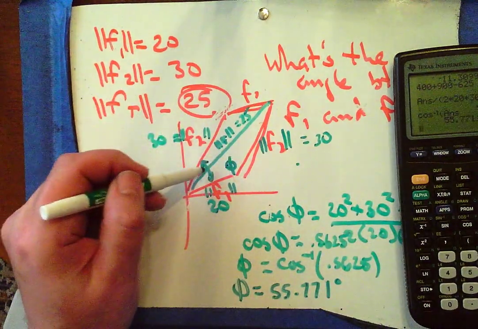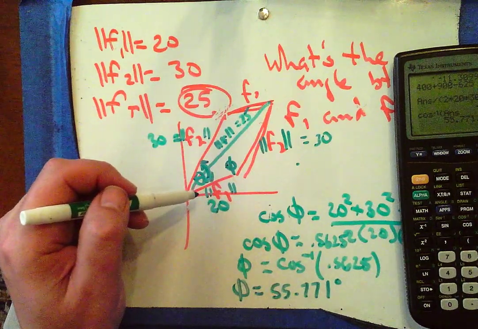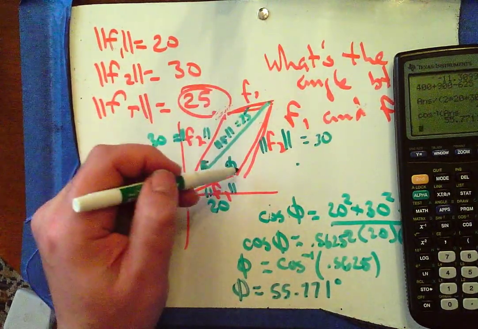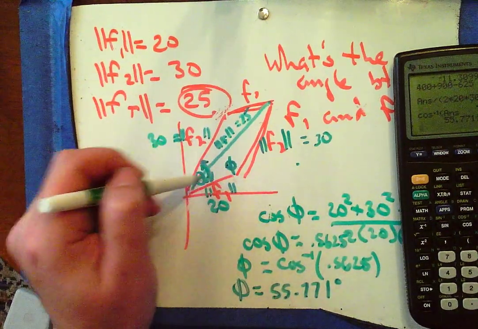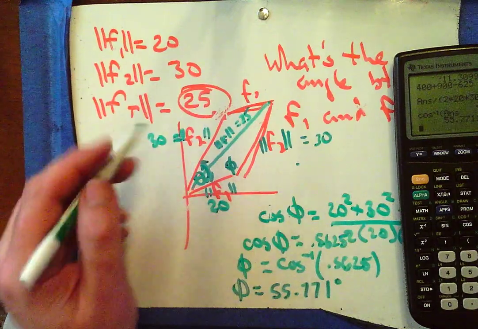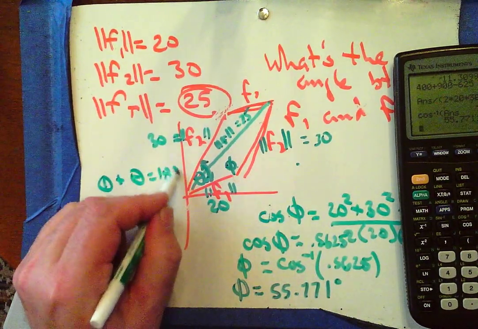And what do we remember about theta and phi's relationship in a parallelogram? Because we talked about this in law of cosines. We said that these were same side or consecutive interior angles, and they were always supplementary. So we know that theta plus phi should add up to 180.